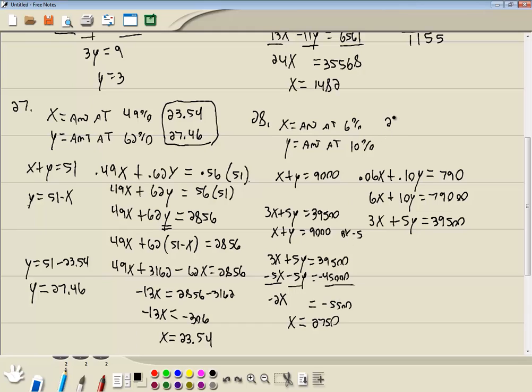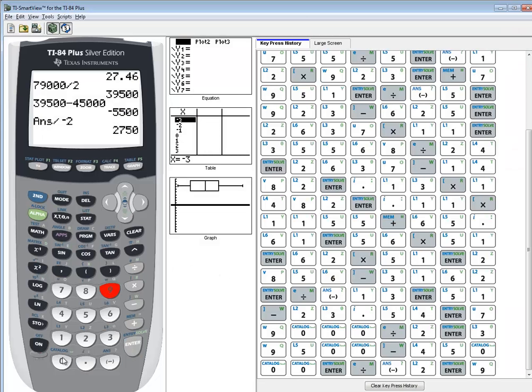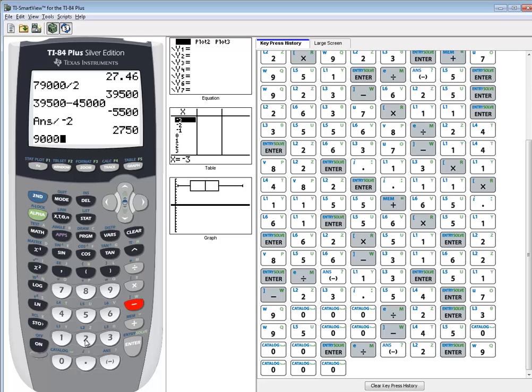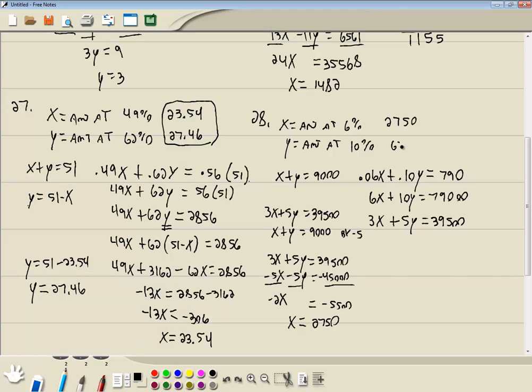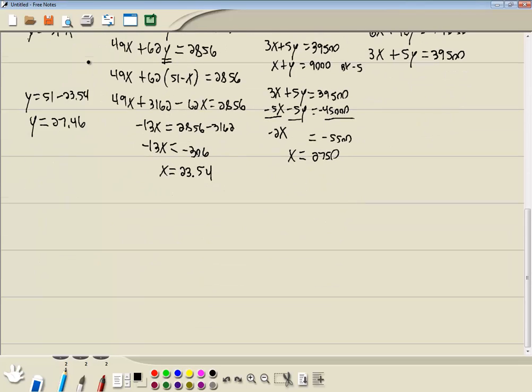Okay, so that's going to be the amount at 6%. Now total is 9,000, so I take 9,000 minus 2750, 6250. And that would be our answers. Let me start a new page.